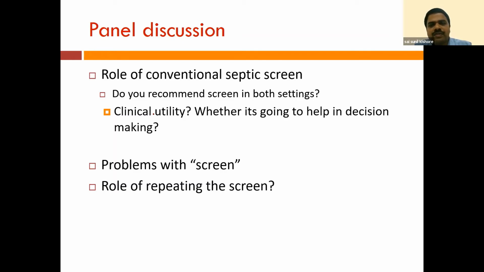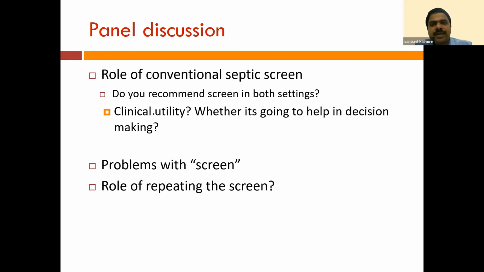False positive means there is no sepsis, but the reports are coming positive. What are the situations? Other causes of inflammation, like a baby with birth asphyxia, a baby with meconium aspiration, a post-surgical baby. In many of these situations, the septic screen can be falsely positive. So what are the situations where it is falsely negative?